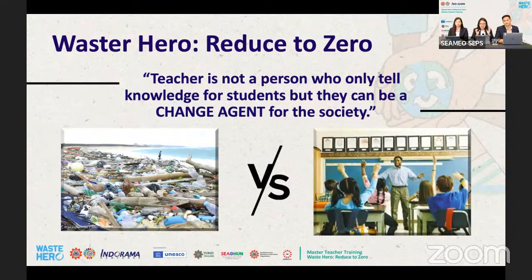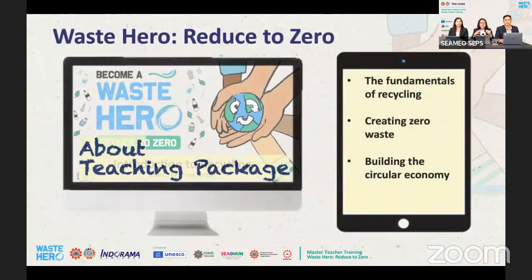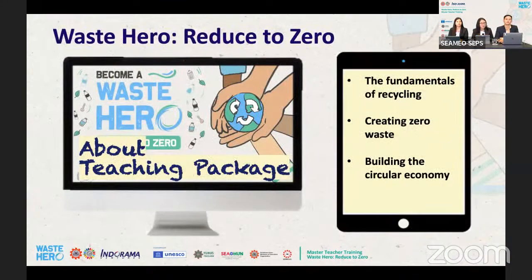I mean, if our students grow up strongly with a conscience of recycling, because when children learn about creating zero waste, they begin to understand the impact of their actions on the environment, which promotes environmental awareness too. That is the reason why we provide a teaching package to support you today.